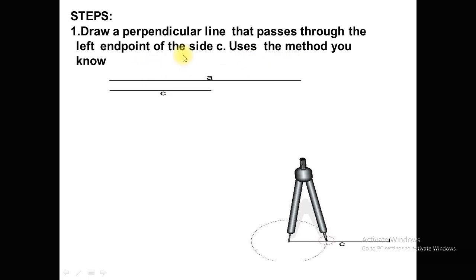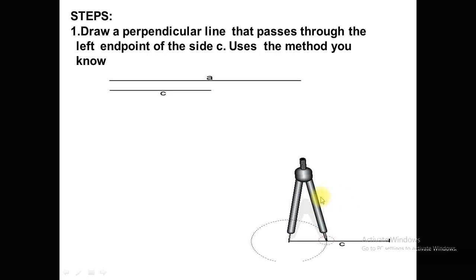Dear students, this sentence means that first of all, draw the base side and then construct an angle of 90 degree at the left endpoint of the side C. You may also construct the perpendicular bisector at this endpoint.